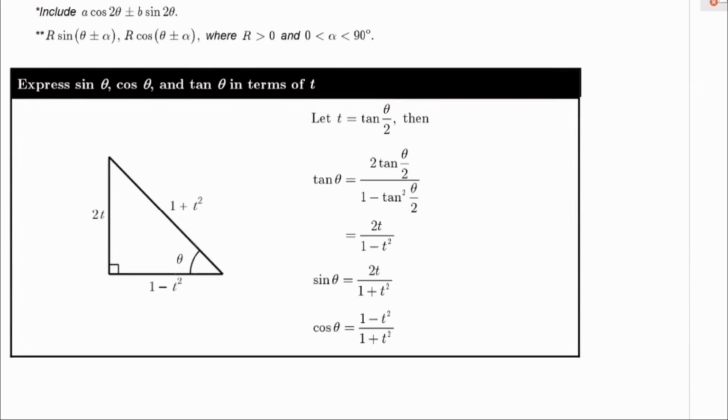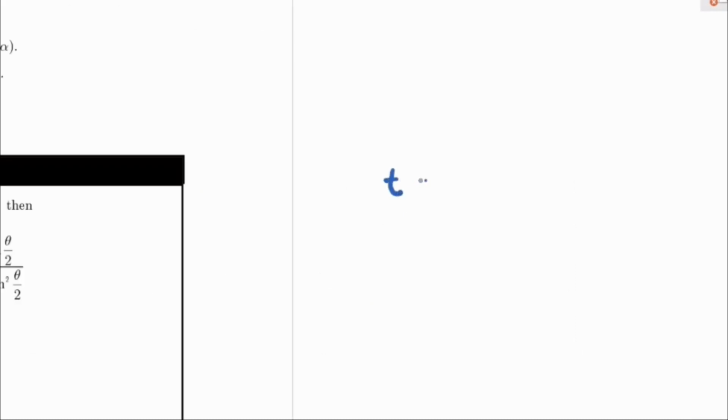To express sin theta, cos theta, and tangent theta in terms of t, first we let t equal tangent theta over 2. Now we use the half angle formula of tangent.